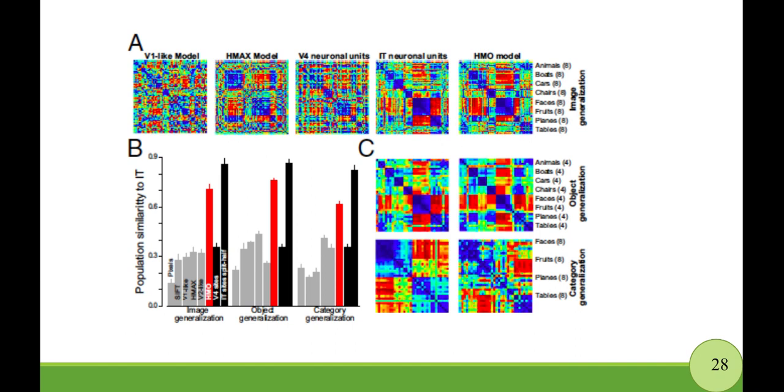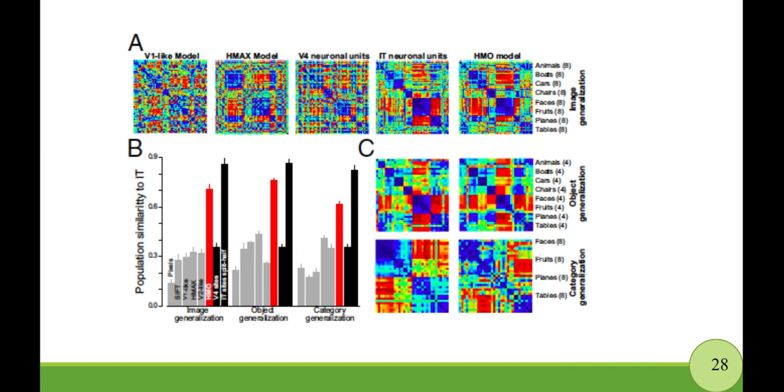The diagonal should be symmetric, and it should show the lowest dissimilarity, shown in blue. These are the IT neural ones, and these are the predictions of the HMO model. As you see, the model is doing a pretty good job in predicting this neural response in terms of image classification, but the other low-level models are not doing a good job.